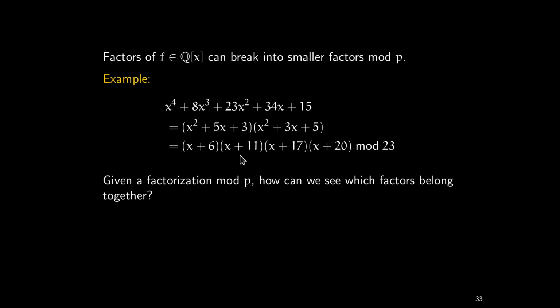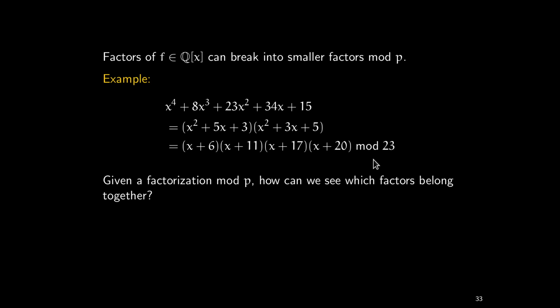The factors may break in a different shape, but even if they break into 4 factors, then you don't know which of these 4 factors belong to which of the 4 factors modulo the other prime, and there may not even be a correspondence because it just breaks differently into 4 factors. So that's why Chinese remaindering is not the right approach here. You have to do something different.